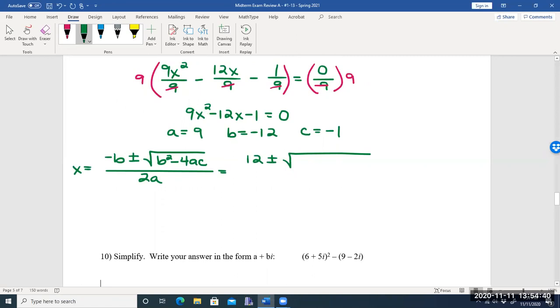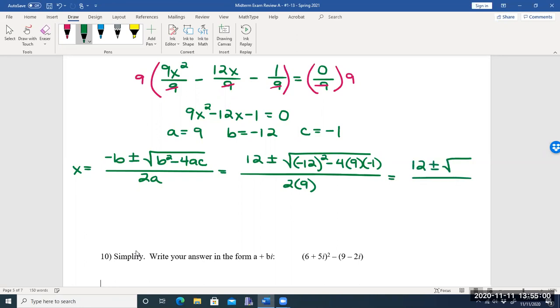And then we're supposed to square B minus 4 times A times C, and then all over 2 times A. So we've got 12 plus or minus the square root of, my denominator is going to be 18.